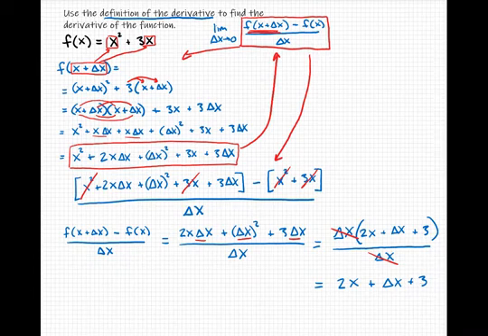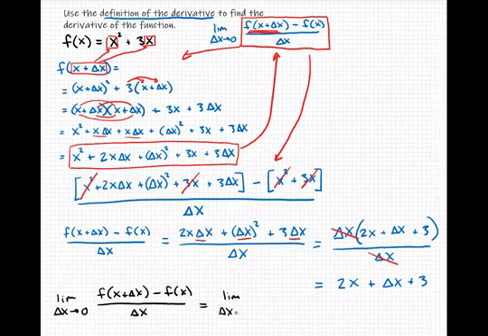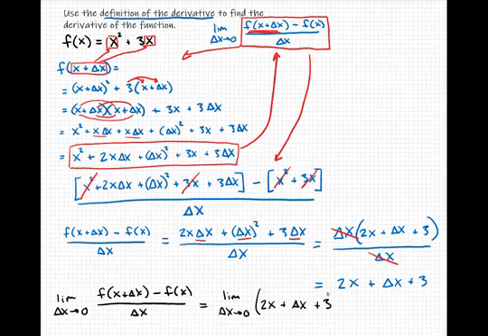So now we could say, the limit as delta x approaches 0 of f of x plus delta x minus f of x all over delta x. We've evaluated the difference quotient and simplified it, so now we're at the limit as delta x approaches 0 of 2x plus delta x plus 3. Now we can apply the limit.